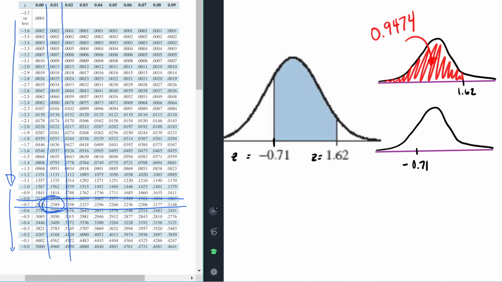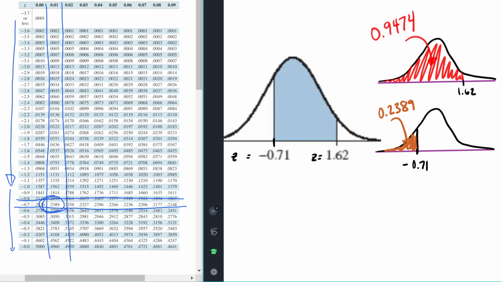So for a z-score of negative 0.71, we found the area to the left of negative 0.71 is 0.2389 from the chart. We know the area to the left of 1.62 is 0.9474.